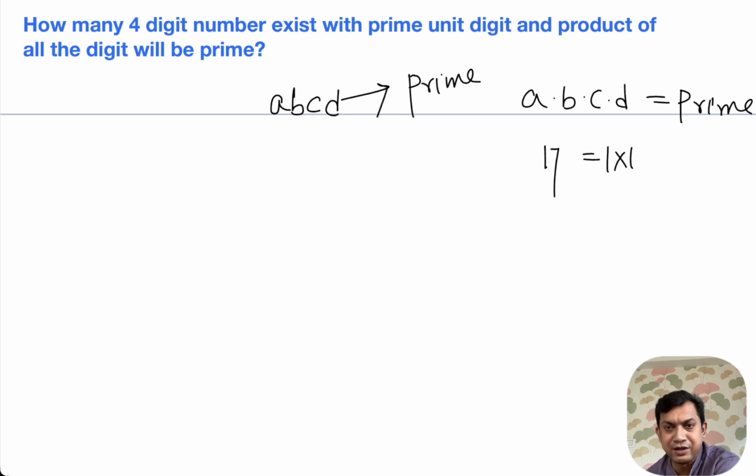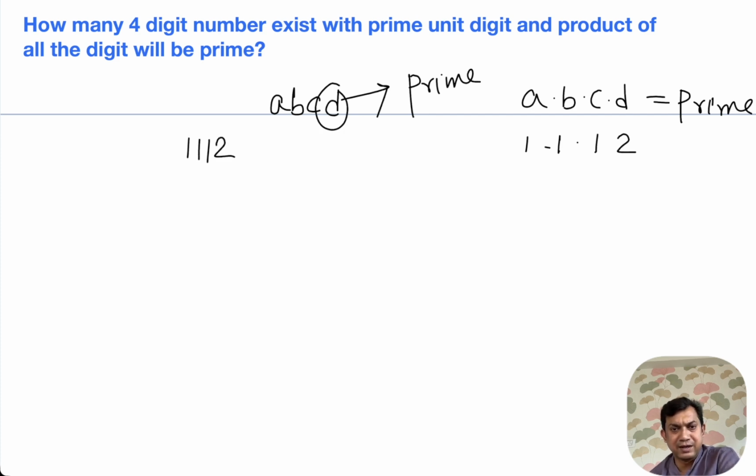So when I'm multiplying 4 numbers and getting a prime number, the only way is to keep all the other numbers as 1. But D is a prime number, so make it 2. Now this satisfies the condition: 1, 1, 1, 2. The last digit is prime and the product is also prime.